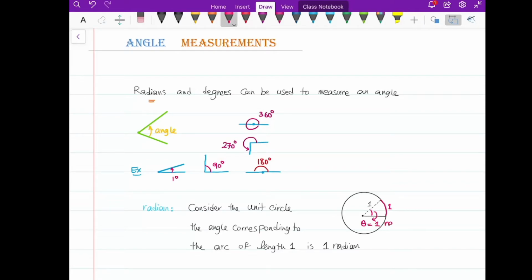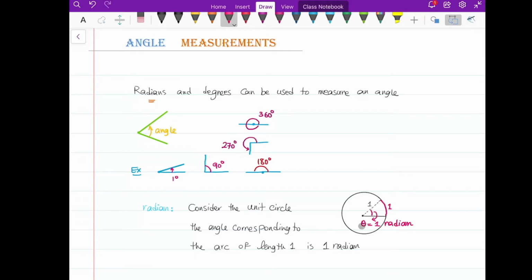It is 1 radian. It is true not only for the unit circle but for any circle of radius r: the angle corresponding to an arc of length r is 1 radian.